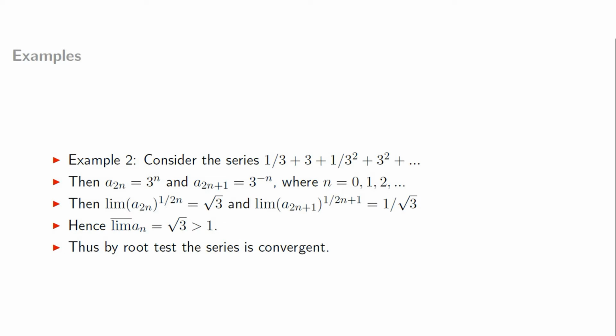Then the limit of a_2n to the power 1 by 2n is root 3, and the limit of a_(2n+1) to the power 1 by (2n plus 1) is 1 by square root of 3. Therefore, the limit superior of a_n to the power 1 by n is square root of 3, which exceeds 1, and hence by the root test the series converges.